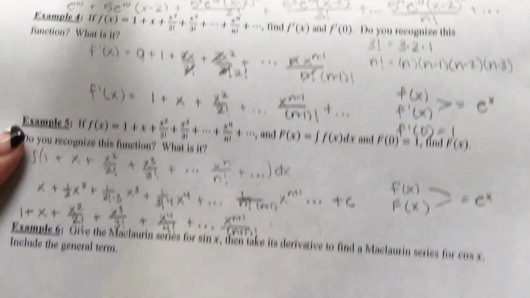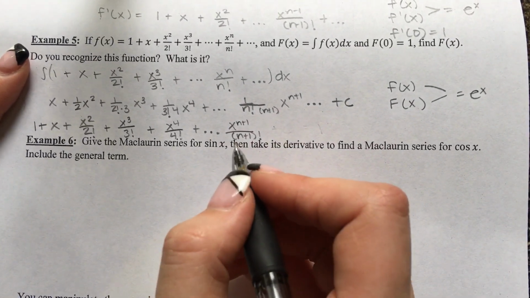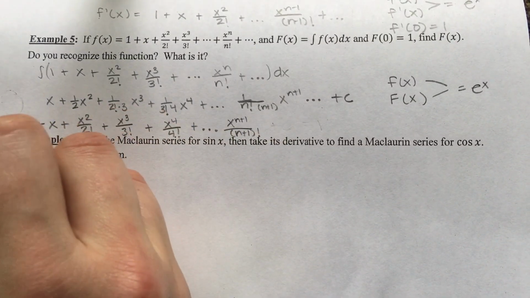All right, so next it says to give the Maclaurin series for sin x, so that's one of the ones that we learned. And I'm going to go ahead and write that out.